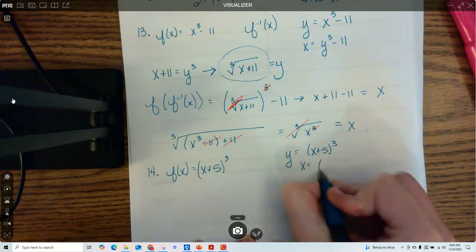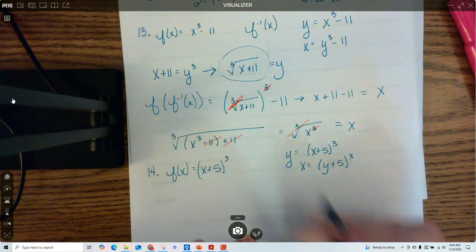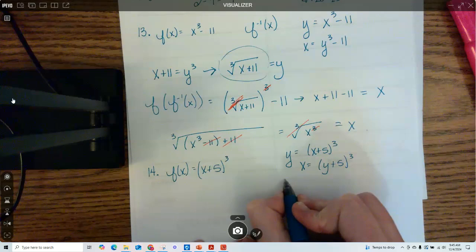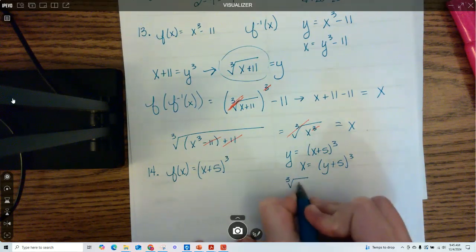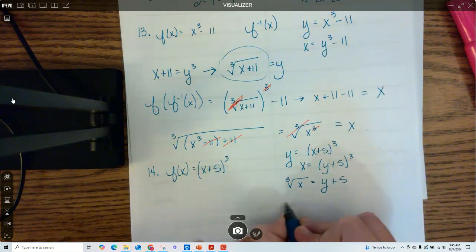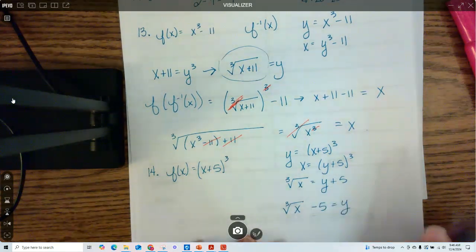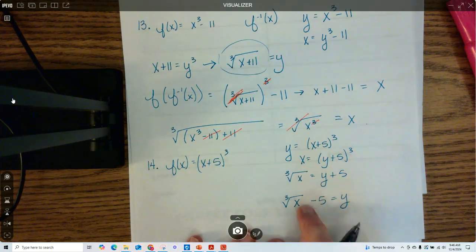Switch the x and the y. On this one, we have to get rid of the cube first, so we take the cube root of x, which equals y plus 5. If we subtract 5 from both sides, we have the cube root of x, and then minus 5 is outside that cube root. And so that would be the inverse.